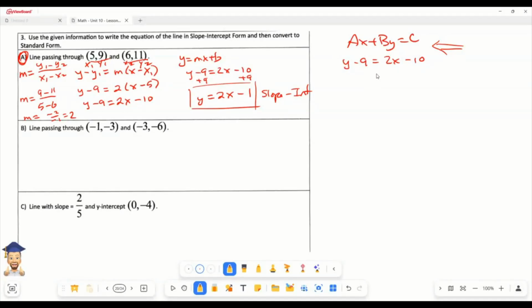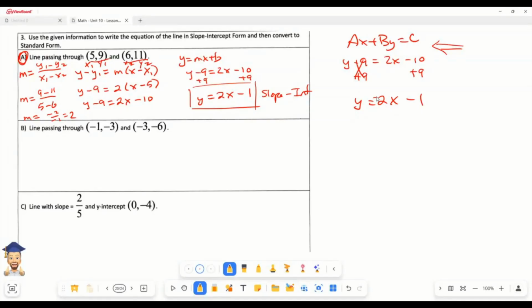We're getting close to being out of time. So for standard form, this needs to be over there. This needs to go to the other side. So I'm going to add 9. Add 9. y equals 2x minus 1.